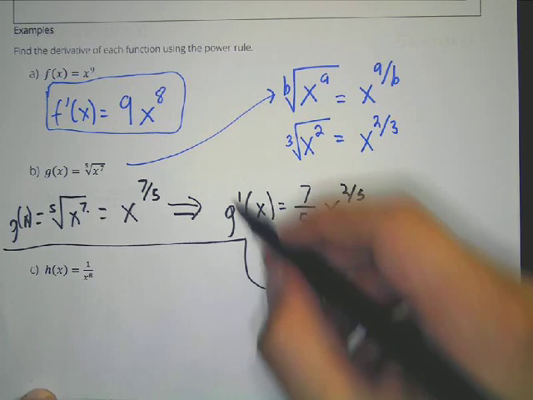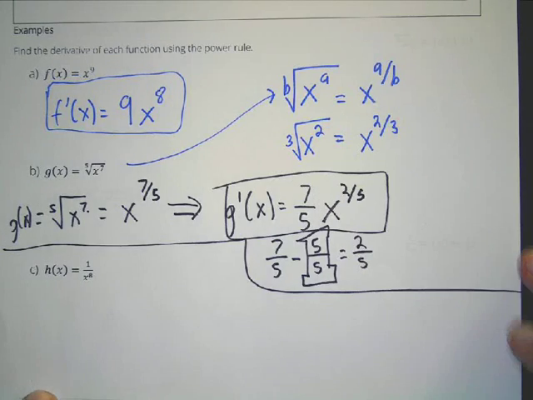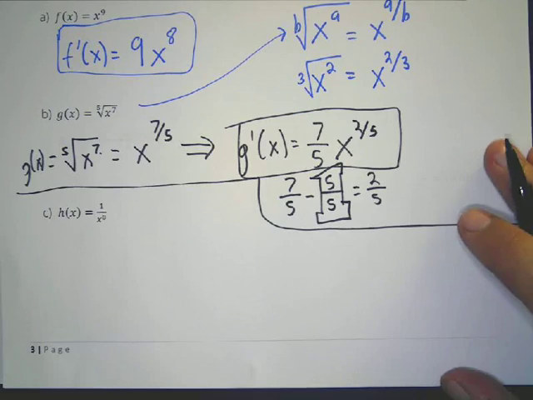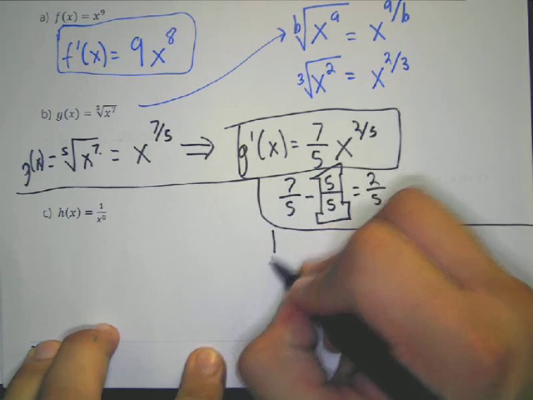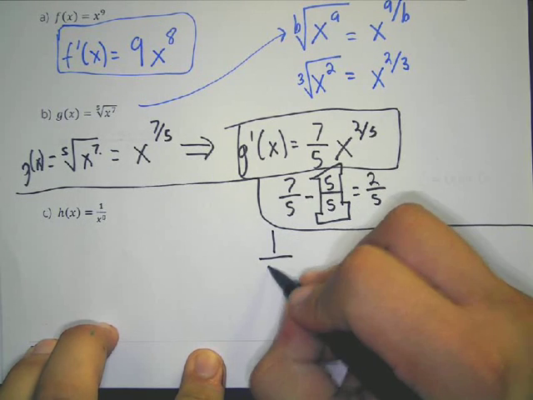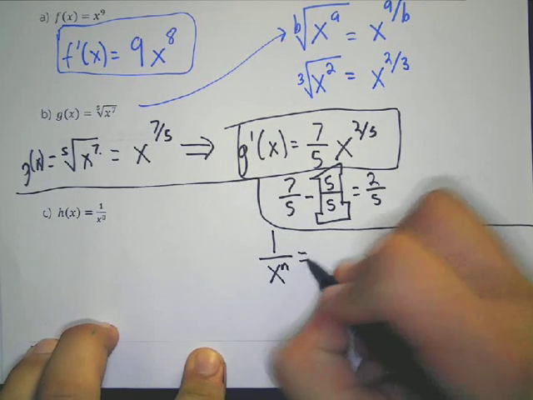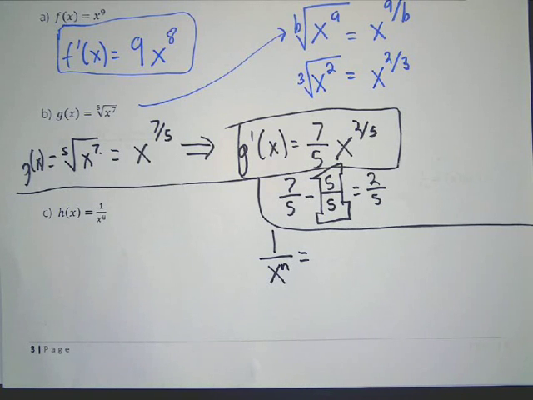Okay, one more. This is easier. We have 1 over x to the 8th. Remember, if I have 1 over x to the n power, how can I rewrite that with what kind of exponent? So we've used fractions.